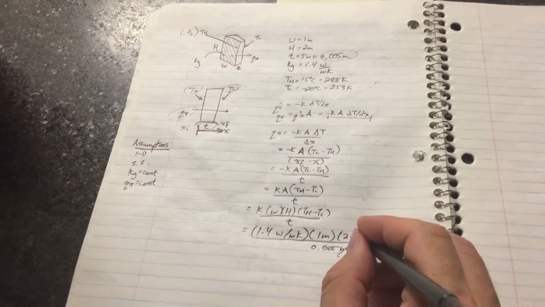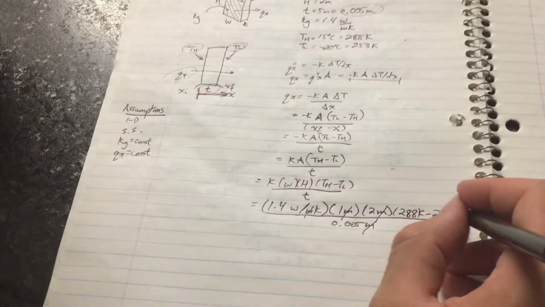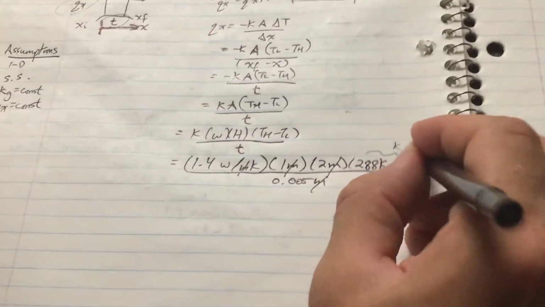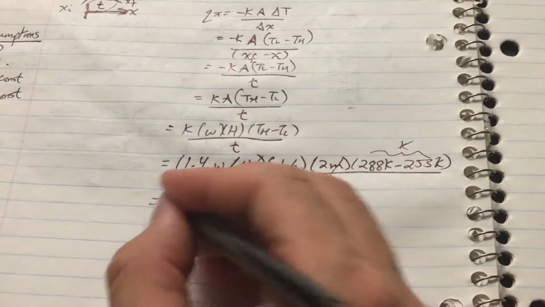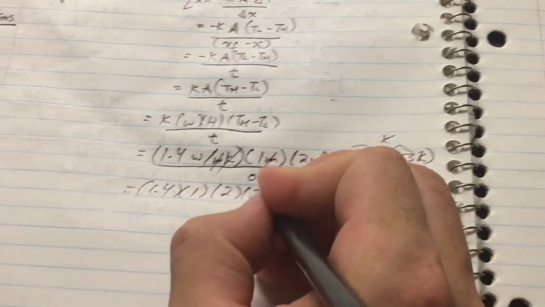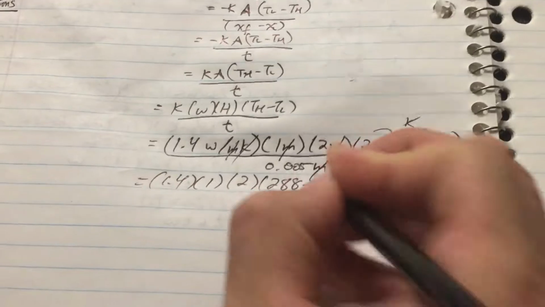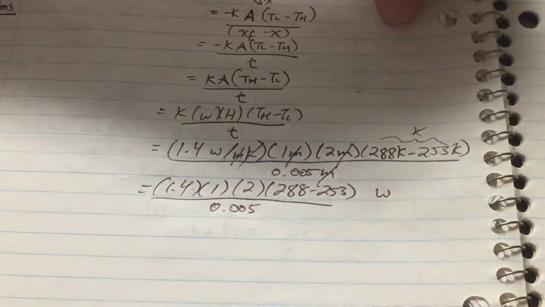Meters cancels with meters, meters cancels with meters. Kelvin reduces to just Kelvin, and then Kelvin cancels with Kelvin. So we're left with 1.4 times 1 times 2 times 288 minus 253 divided by 0.005, and this is all in watts.